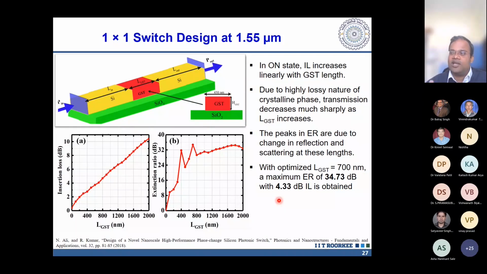When it goes through the channel, the 10 dB extinction ratio is hard to maintain because noise will be added. So if you have higher, let's say 40 dB or 50 dB, by the time it reaches the receiver, you have good enough extinction ratio even if it is degraded. If let's say 10 dB degradation is there, 50 will become 40, but the 10 dB will become 0. Then we won't be able to differentiate between 0 and 1.